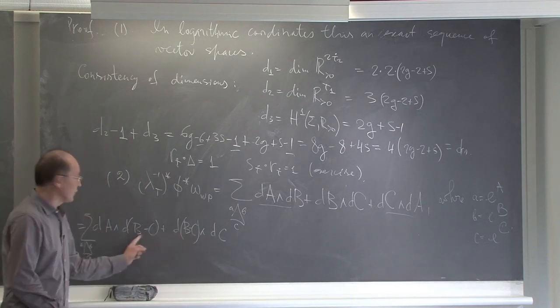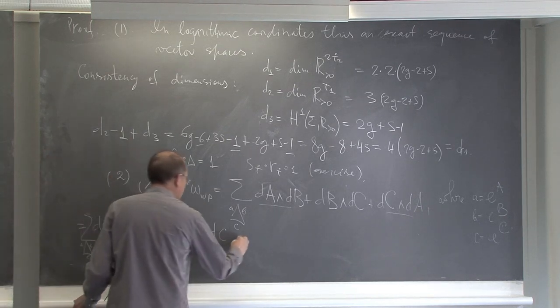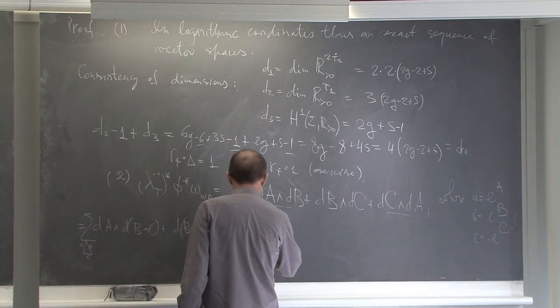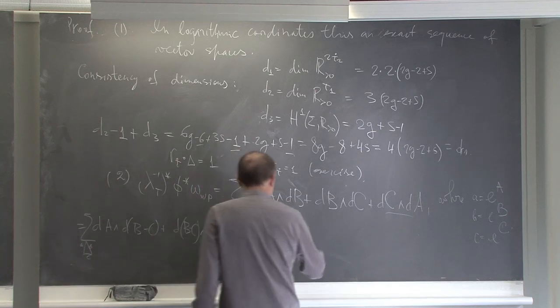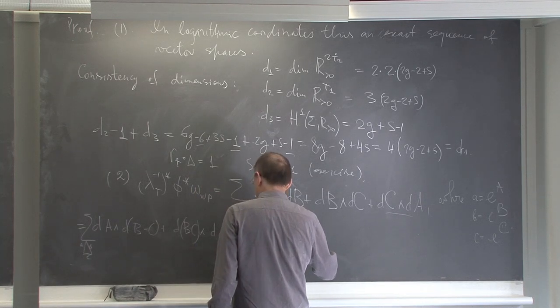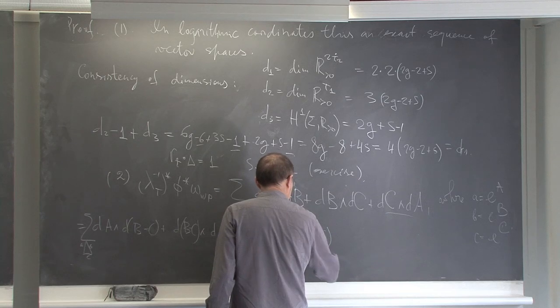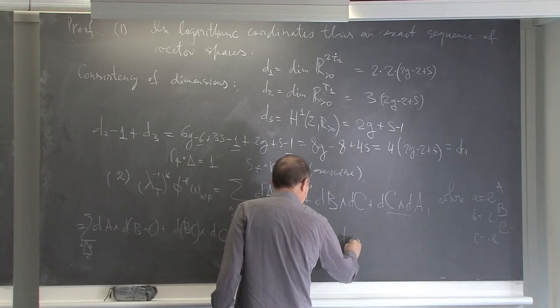And now we can put together two terms with B minus C. So the result is a sum of triangles ABC, of dA minus dC wedge dB minus dC.